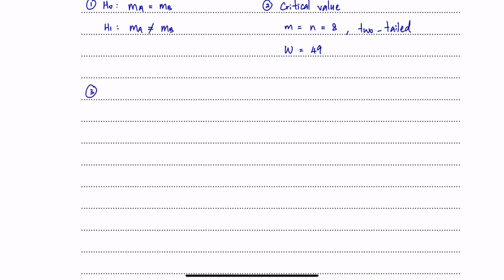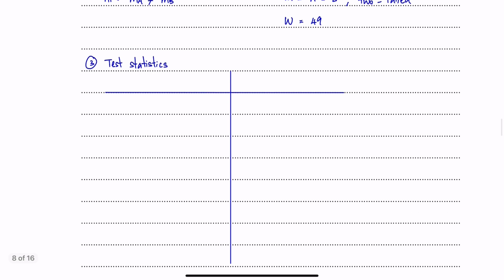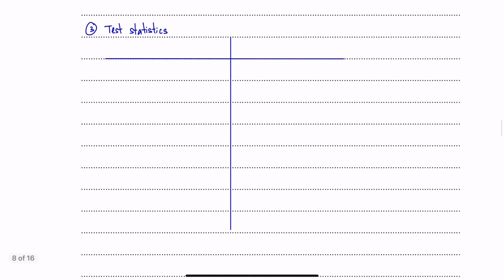So for the third step, we have our test statistics. For the Wilcoxon rank sum test, we would need to rank all the data. So we have 8 samples for each group. So we need 8 rows, 1, 2, 3, 4, 5, 6, 7, 8.